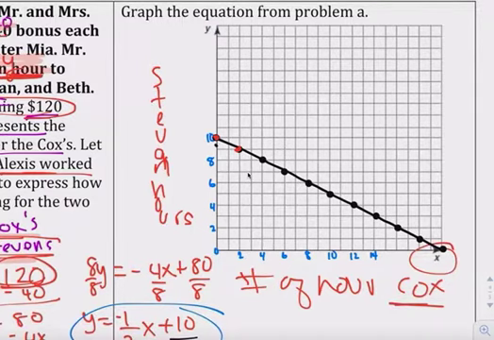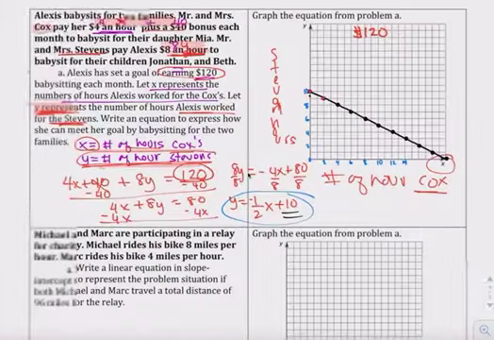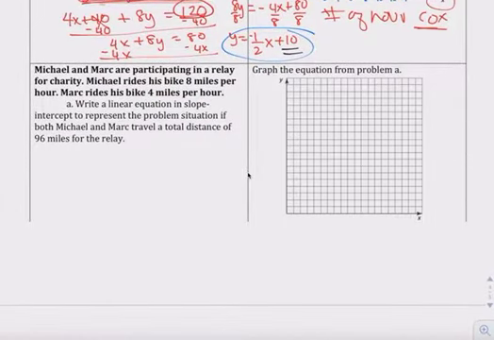That's how we read this, okay? So the goal is to make $120. Or she can work 8 hours at the Stevens and 4 hours at the Cox to make that 120 bucks. Okay, if I ask what it means on the test. Okay, next one.